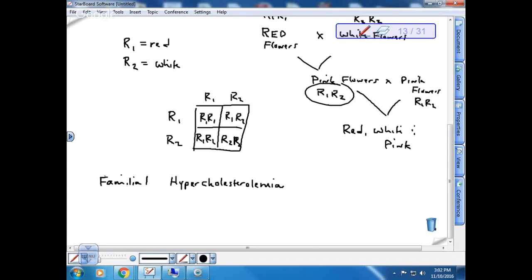Okay. So familial means family. So that means it's genetic. So anytime you see familial, that means it's genetic. So it's passed down in the family. Hyper means high cholesterol, right?